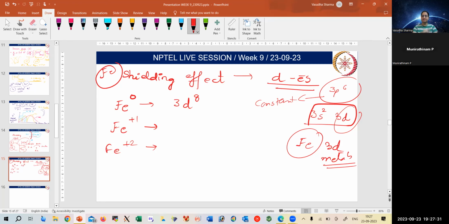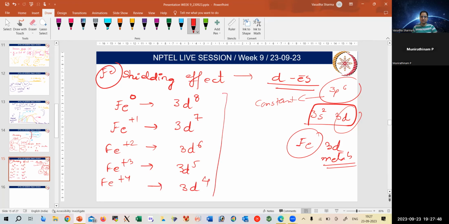So the first filling happens in the d electrons over the s electrons, and iron in +1 would be d7. This is d6. Iron in +3, it's 3d5. Iron in +4, it's 3d4. So this is the maximum I'm showing you. So you can see 3p6 would be constant everywhere.